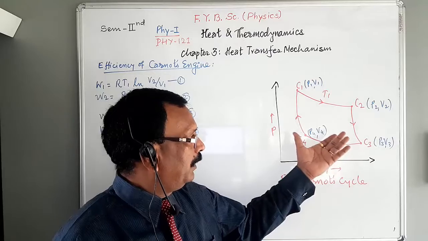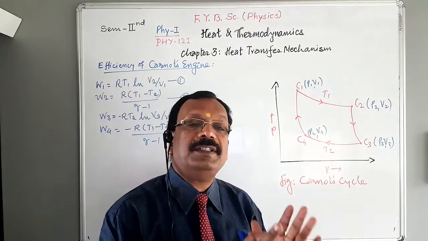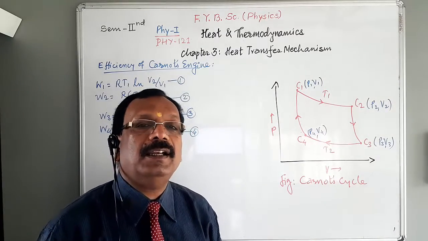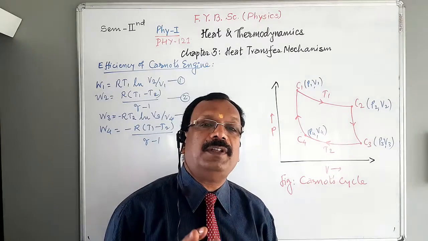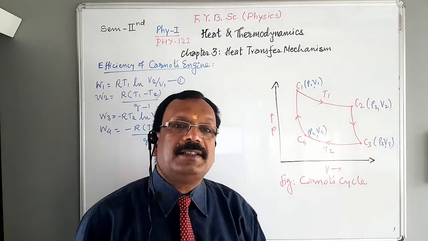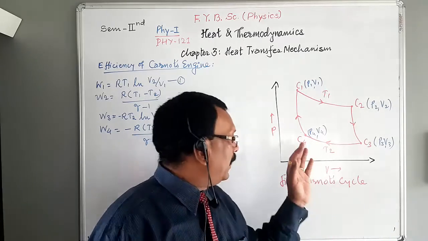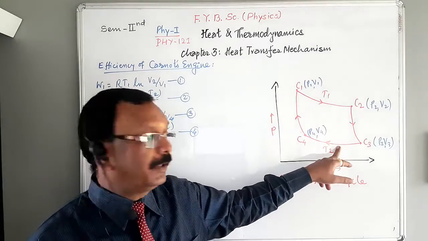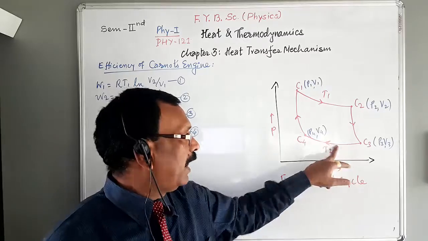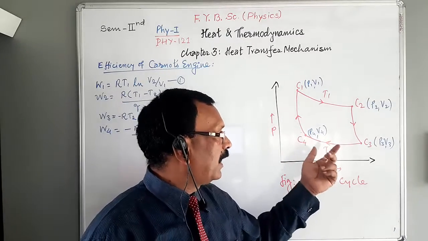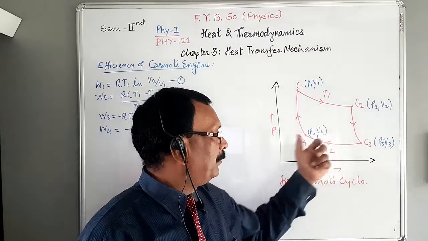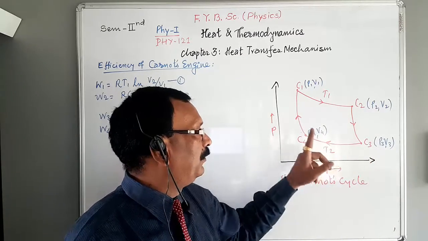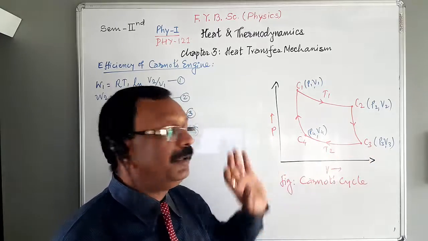Obviously, when we remove the system from the source and place it on the sink, and when we adjust the pressure on the piston, the gas is compressed isothermally. When the gas is compressed isothermally, obviously its temperature T2 remains constant, volume is decreased from V3 to V4, and pressure is increased from P3 to P4.